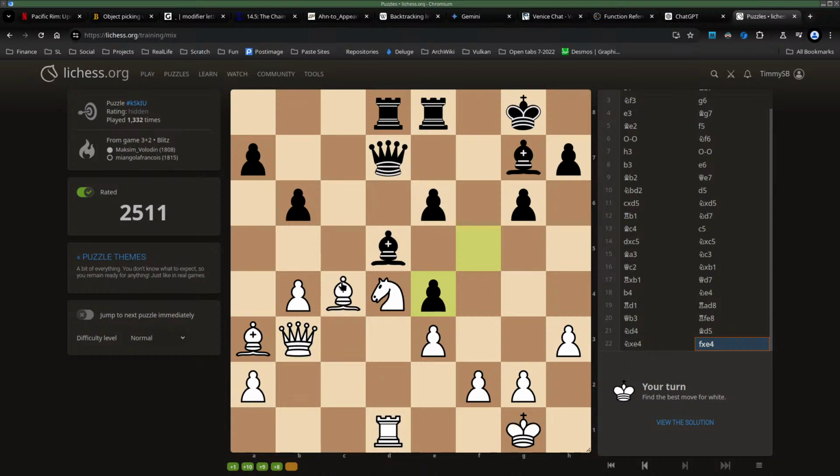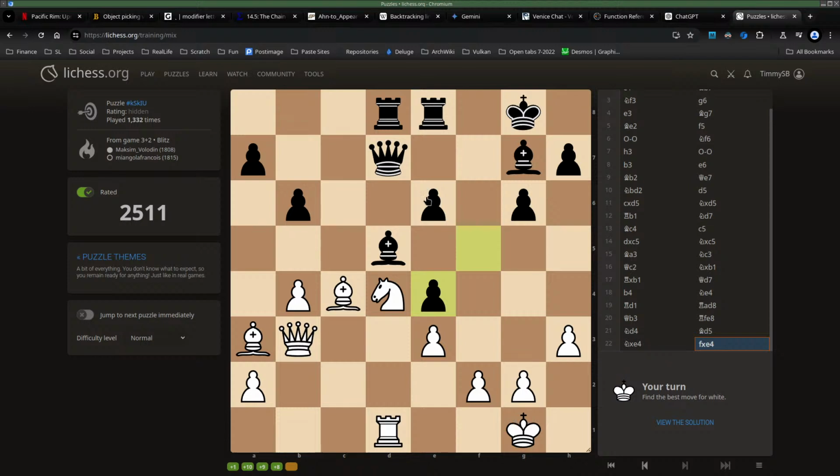So take this pawn and he takes my bishop. Well, then I take a queen, I guess. And then he takes a queen, and then I take a rook. It should be good. If he takes with the bishop, I just get a free queen, pretty much.